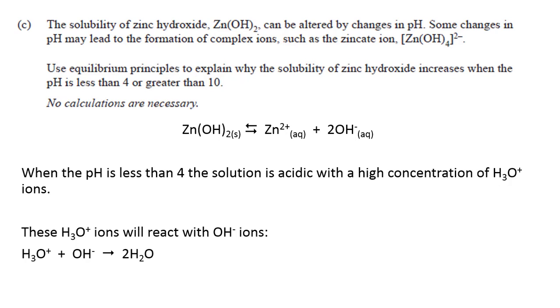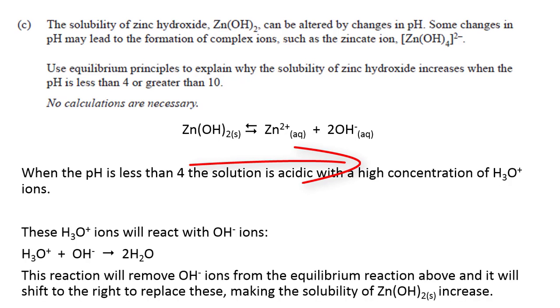So they're going to start reacting with the hydroxide ions in the solution, and what that's going to do to their equilibrium is it is going to shift it towards the right. So as it shifts to the right, it's going to try and replace the removed hydroxide ions, and it is going to mean that more zinc hydroxide is going to start to dissolve into those ions, and the solubility of it is going to increase. So that's what you really need for the first part of that.